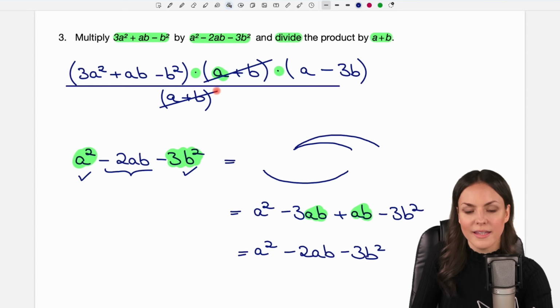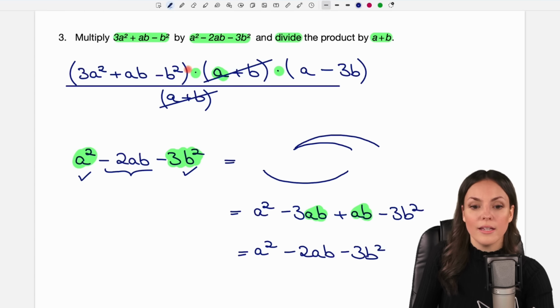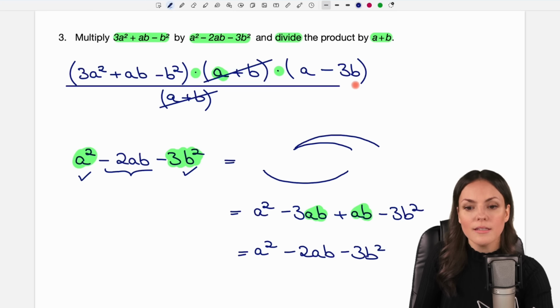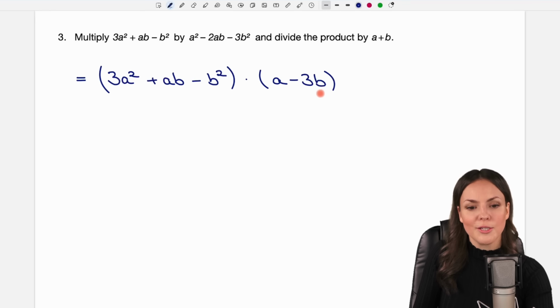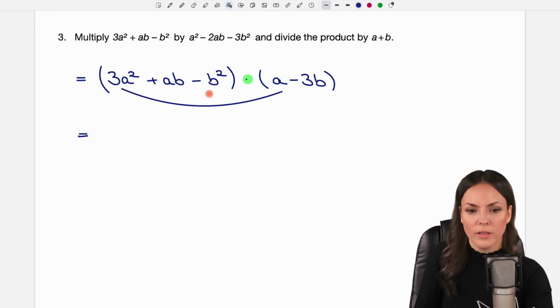So we can cancel this and this. And the only thing we have to do now is multiply these parentheses by these parentheses, and then we get our result. It's enough work to do, but let's start by multiplying every element of our first parentheses by every element of our second. So we take 3a squared and multiply it by this and by this.